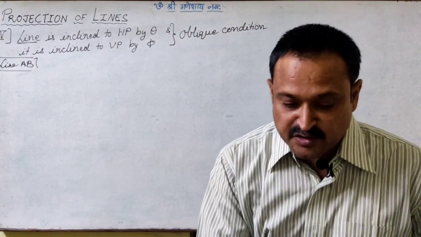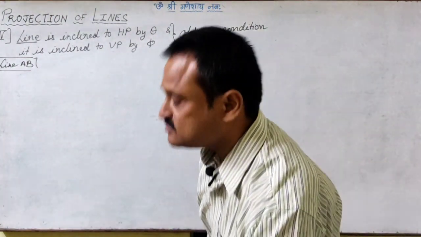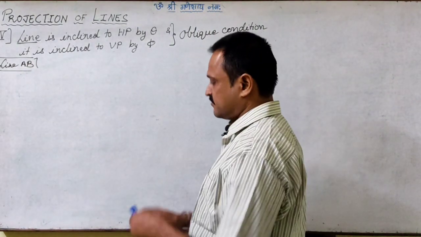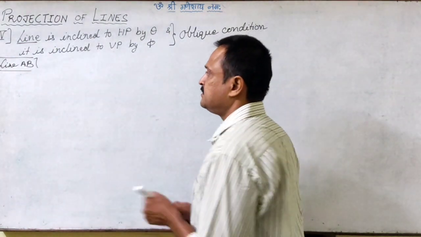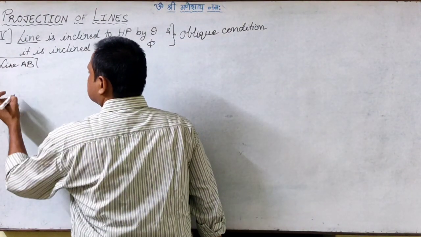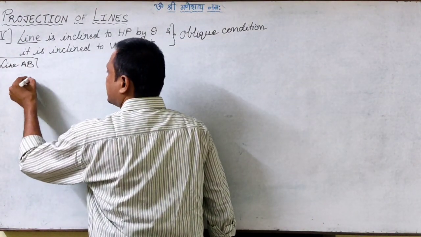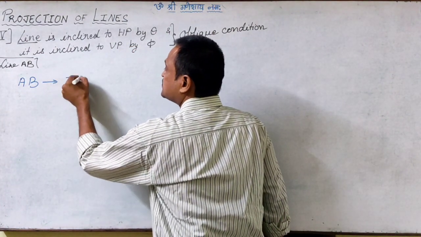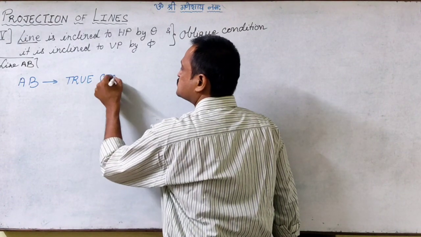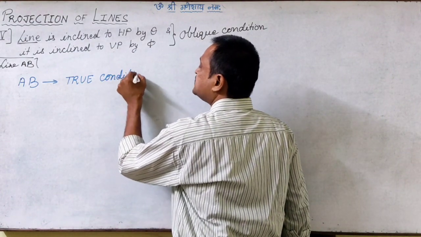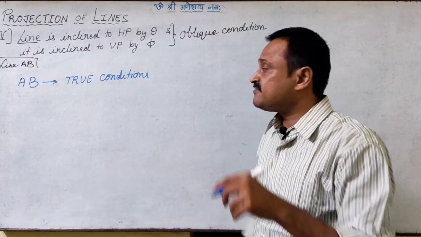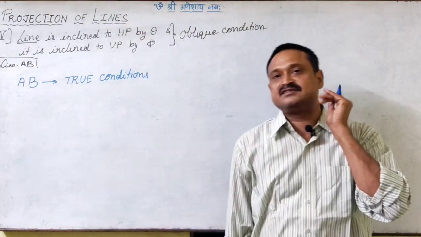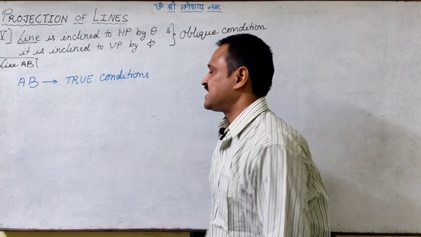Right? So before moving to that, let us just go through the nomenclature we follow in first angle. When we write in capitals, this is the true condition. So whenever true conditions are referred to, they are written in capitals. If length AB is given in capitals, that means it is the true length of the line.